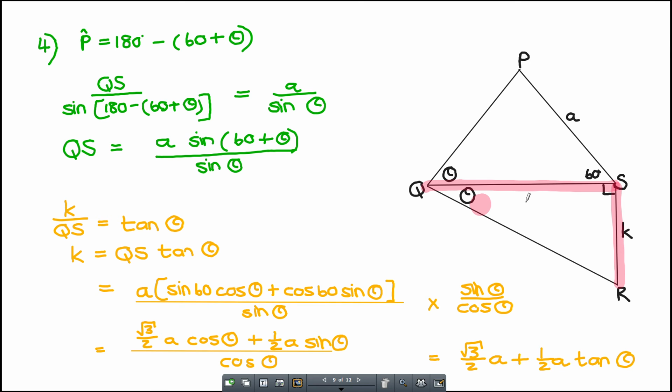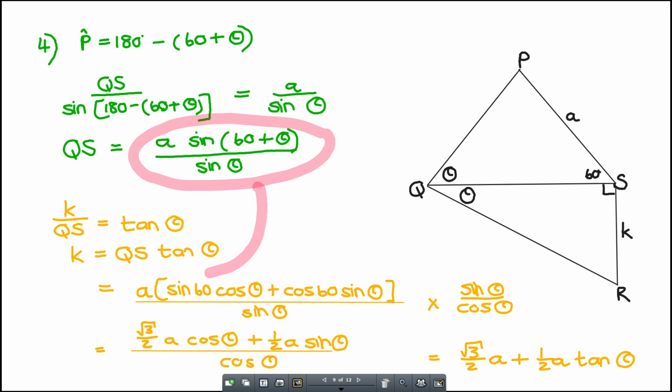So that's how I knew I'm going to use tan theta equal to K over QS. Now, from here, basically multiply with QS. So K will be equal to QS times tan theta. And now I substitute. That is QS, so I'm going to put that over here.